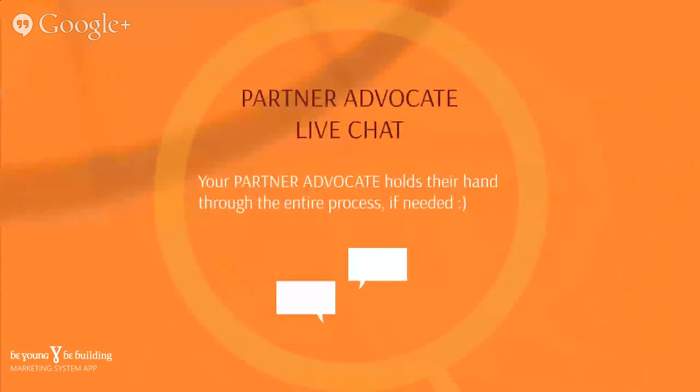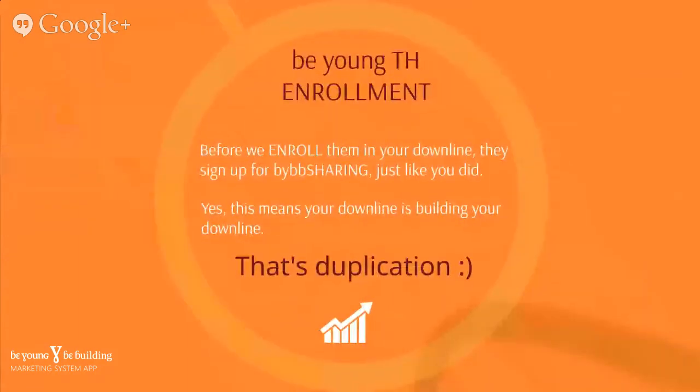The Advocate live chat is definitely one of the things that separates us in the marketplace from any other marketing system out there, and that's where we are in real time holding their hands if they need it through the entire process, step by step. So not only can they email us or call us or chat with us, but they're in a 360-degree customer service deal.